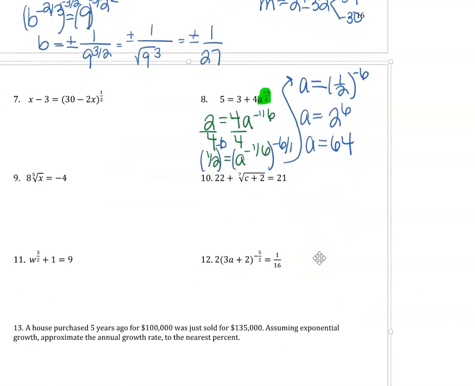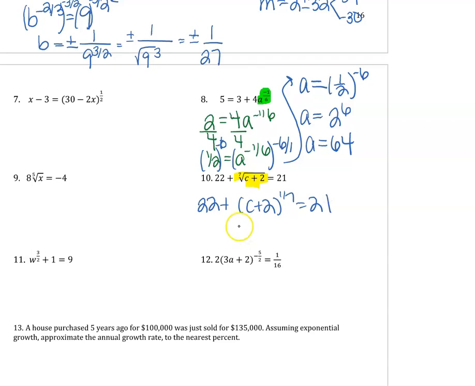Now, keep in mind that every single one of these fractional exponents is the same thing as a radical. So like when you're solving something like number 10, you can think about this as 22 plus c plus 2 to the 1/7 equals 21.